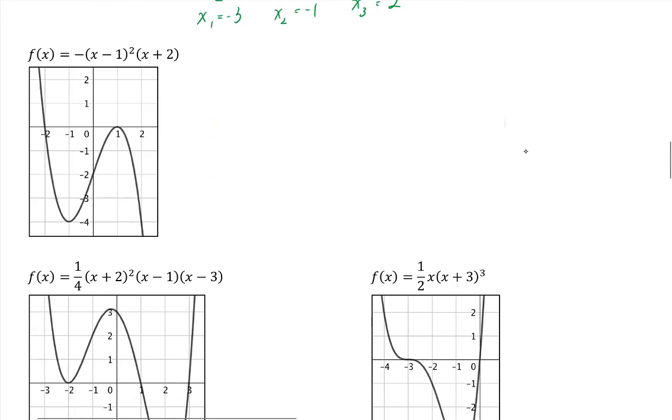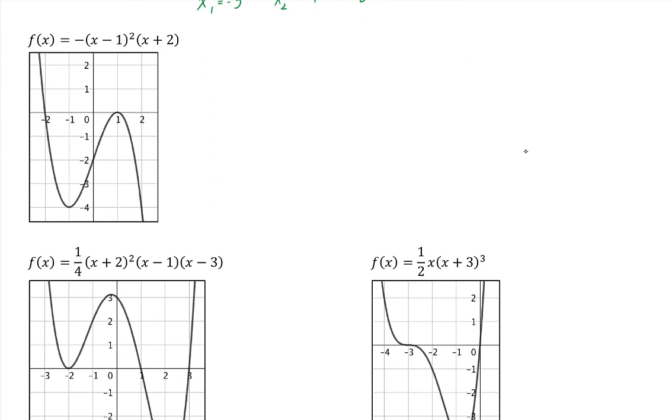Next one, notice I have an order 2 and an order 1 factor. So here's our order 2, and this one's an order of 1. Notice for our order 2, which is going to be a 0 of 1, it looks like a parabola around that 0. Whereas the x plus 2, which gives us a 0 of minus 2, looks like a line passing through that 0.